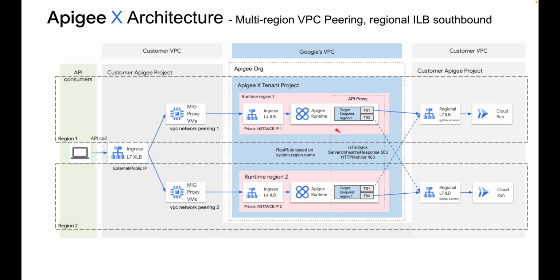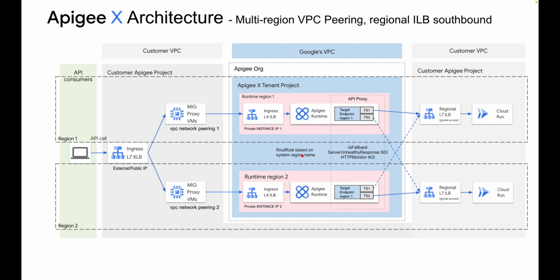So the two API proxies deployed on region 1 and region 2 have exactly the same configuration, but the routing between one target endpoint or the other is done through system.region.name, which is an internal variable on Apigee that you can use, in that case, to route to one target endpoint or the other.